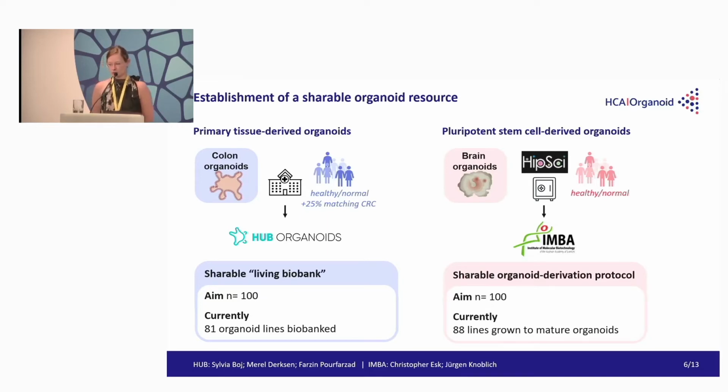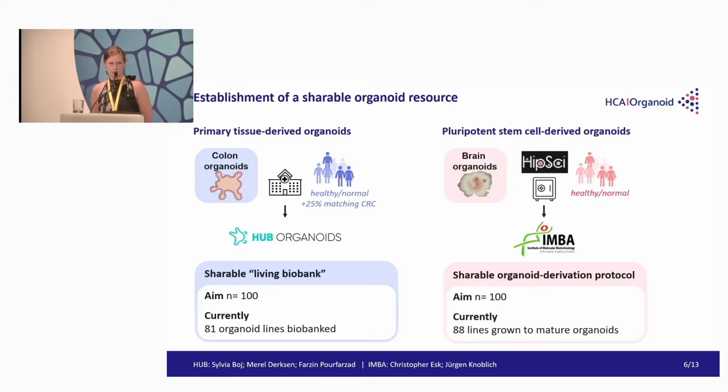Coming to the organoid resource, for the primary tissue-derived organoids, the colon, our partner, HUB Organoids, is collecting primary patient material and deriving organoids from those, generating in that way a living biobank that can be shared with the community. Our aim is, as I said before, to derive 100 organoid lines. Here I just want to mention that roughly 25% of those will also have matching colorectal cancer lines in the biobank.